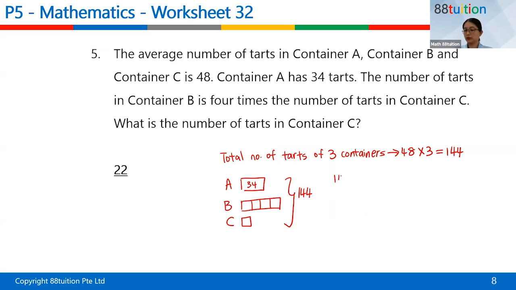So what we do is we subtract. I'll write down the letter. So 5 units is 144 minus 34. We minus A so that you get B and C.